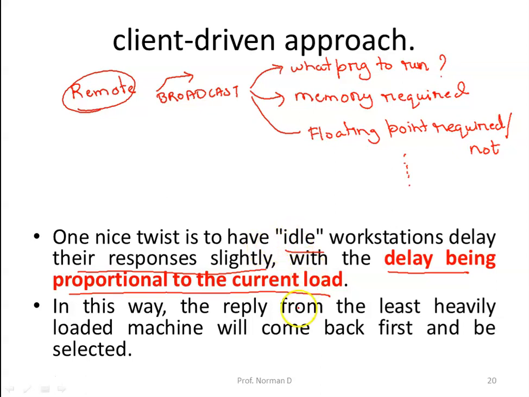So the reply from the least heavily loaded machine will come back first, and then it can be selected. A machine which is less loaded will reply first, and those machines can be selected to carry out the task.